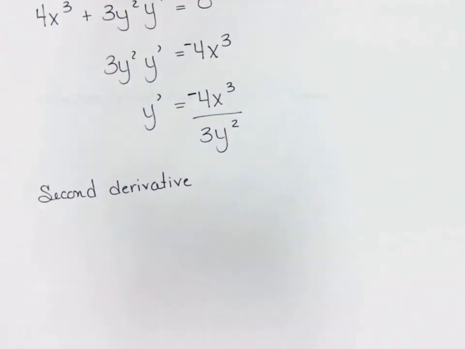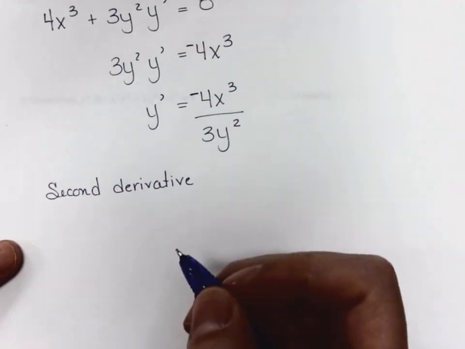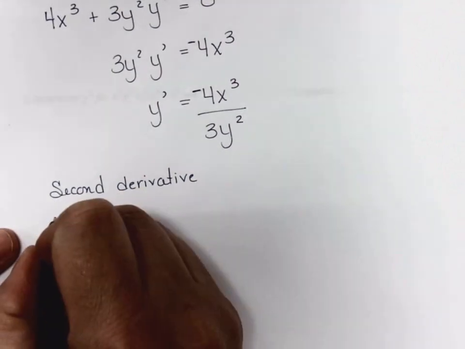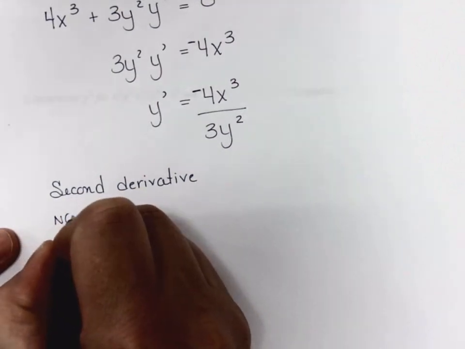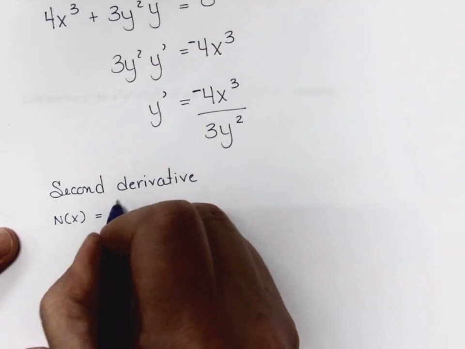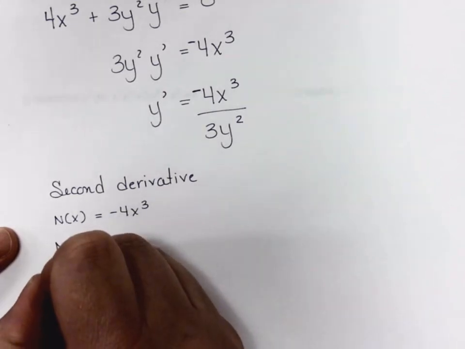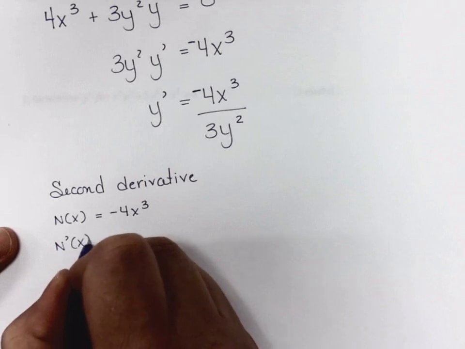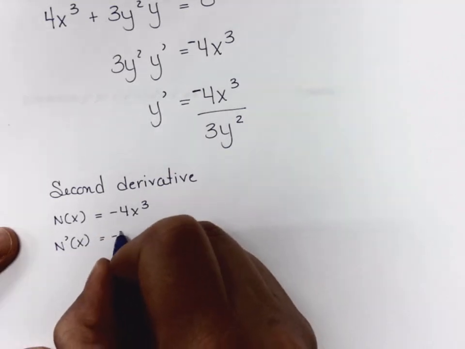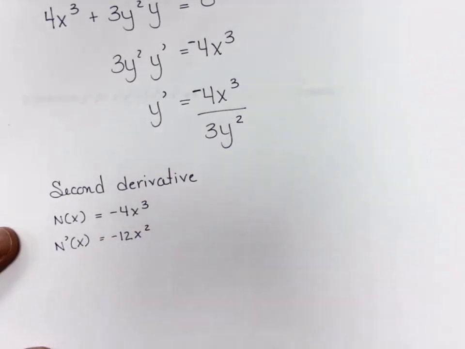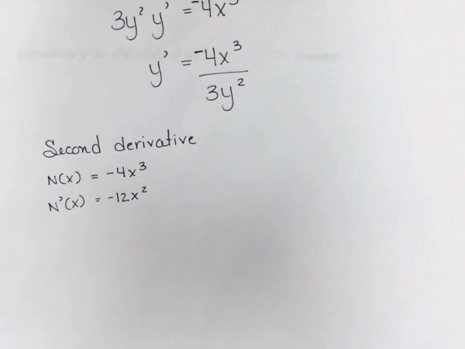Okay, so let's break this down. I'm going to say n of x is the numerator, so negative 4x cubed, and the prime of that would be negative 12x squared. I'm just looking at the numerator.